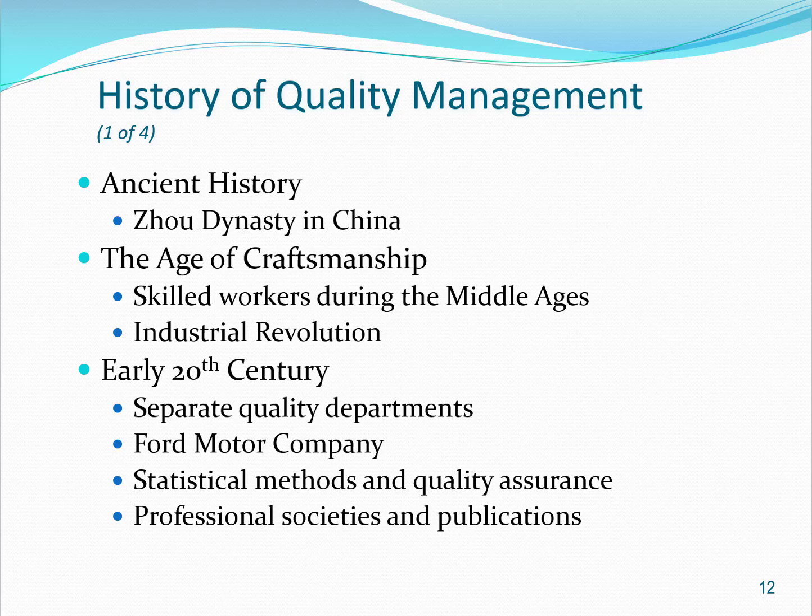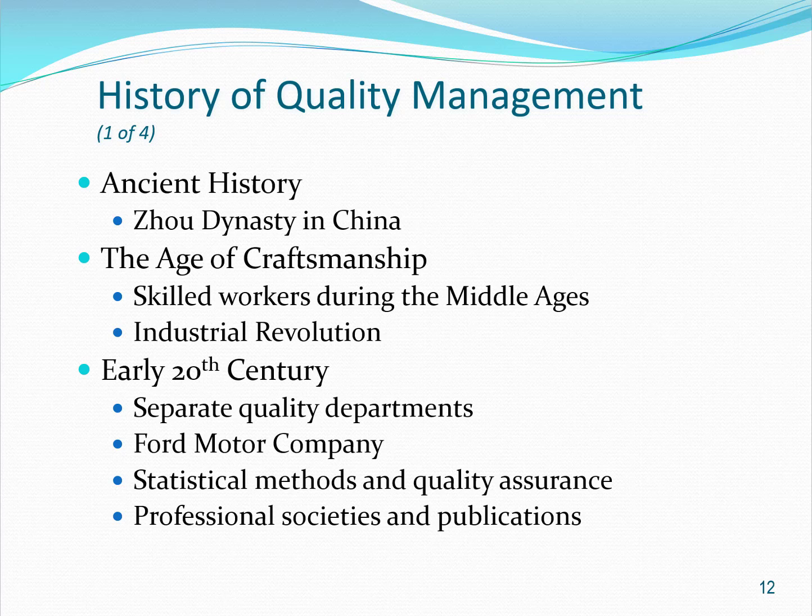and then the Industrial Revolution and interchangeable parts, essentially the start of the industrial age. In the early 20th century, companies started to actually have a separate department for quality.